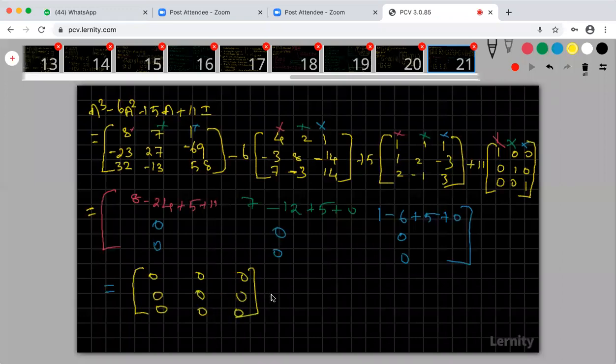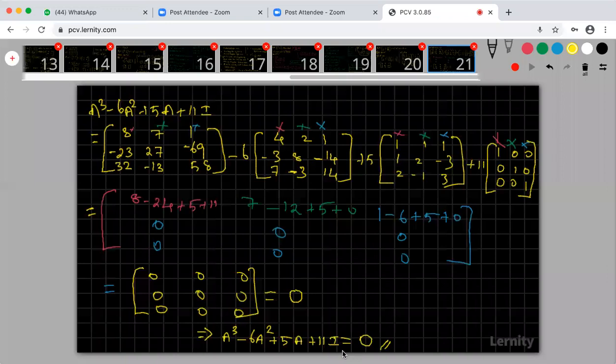That is zero matrix. So therefore your A cube minus 6A square plus 5A plus 11I equal to 0. Okay, so this is the answer.